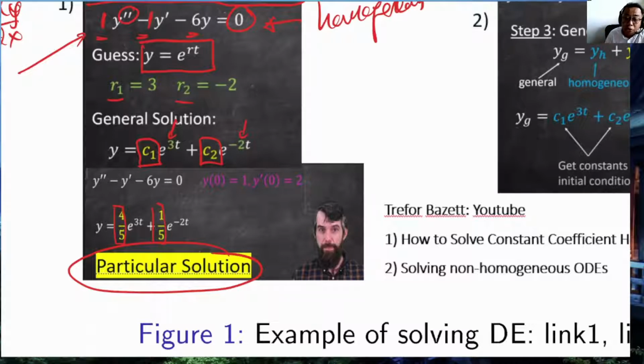He has to give you additional information, like what is y when x equals 0, or in this case not x, sorry, the independent variable is t.